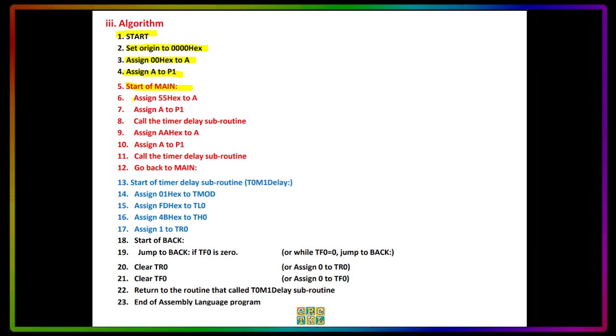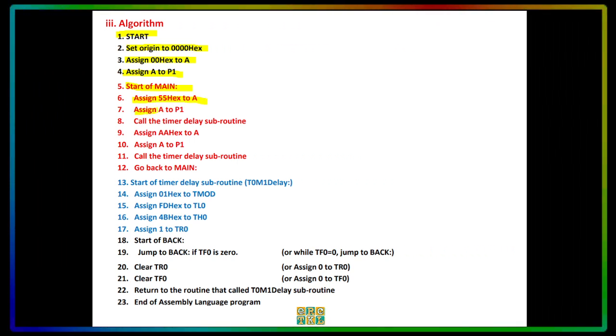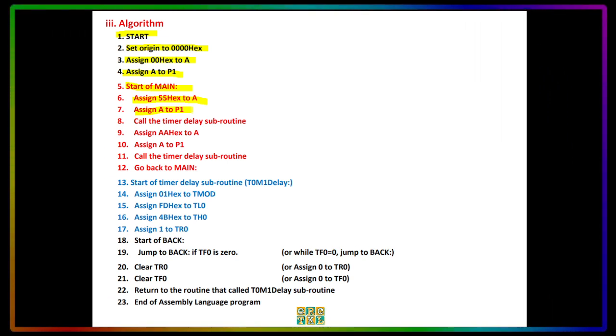Now, inside the main, we will assign 55 hexa to A, and then we will assign A to P1. This is similar to saying that P1 will be equal to 55 hexa, but we cannot do it directly, so we need to put the 55 first to A, and then A will be placed to P1.